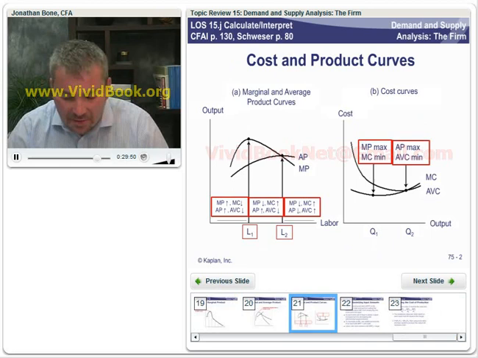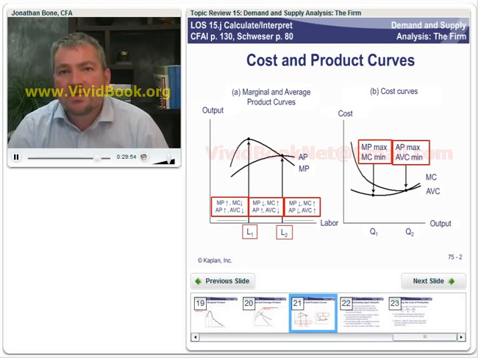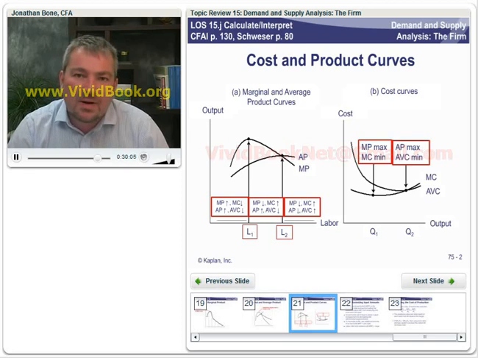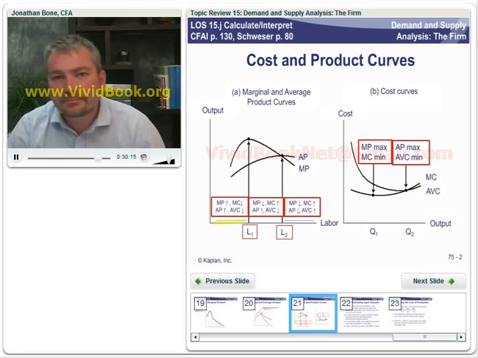Now, our importance particularly of this slide is to notice the relationships between our marginal and average product curves, i.e. the output per labour, and the cost curves of the firm. So let's start when labour is below L1.